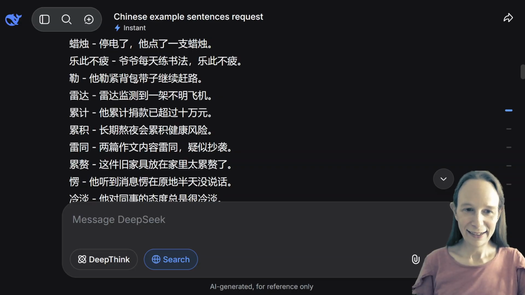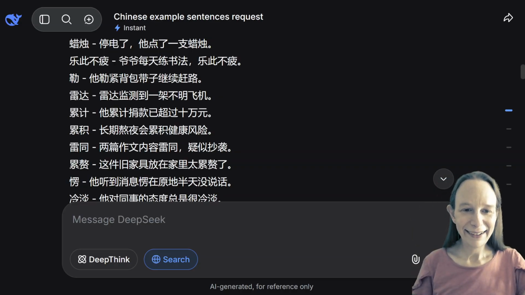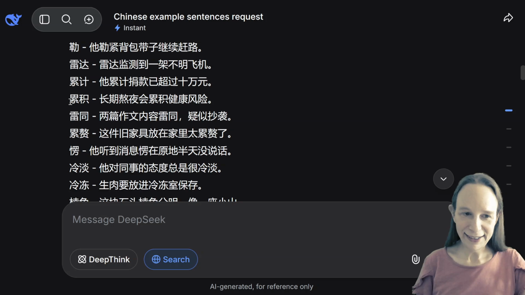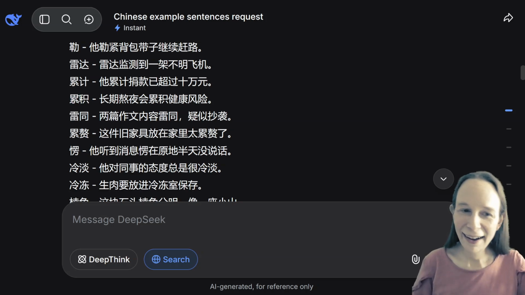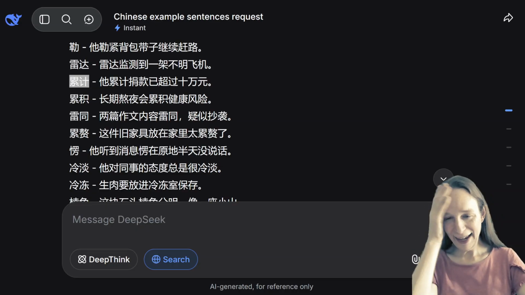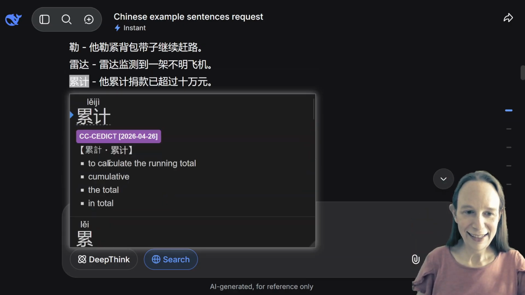All right. How did we end up back on this one? How did we do that? We did later. Okay. 累计. Yeah, you probably know. This is 累计. No, this is different to 累积. 累计. So this is accumulate numerically, or something like this. 累计.